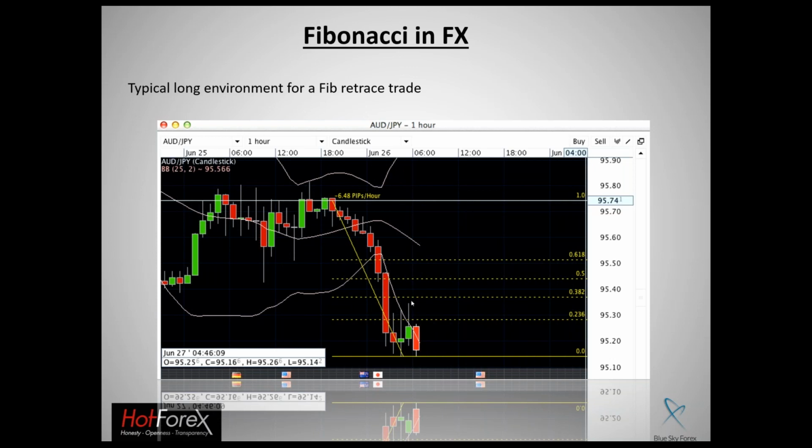In this scenario you would earn a bit more profit. You see 0.618 here, but this just represents the actual percentage levels. This is 61.8%, this is 50%, and so on, so you wouldn't get confused.